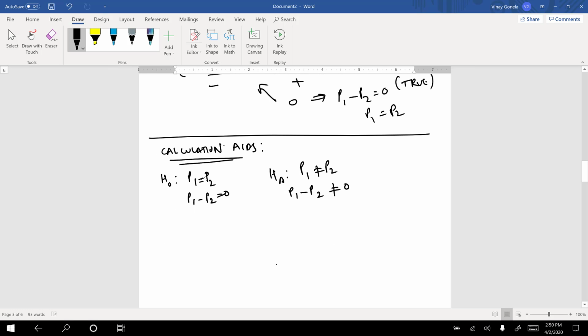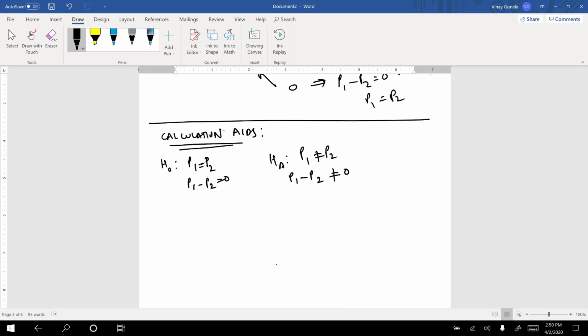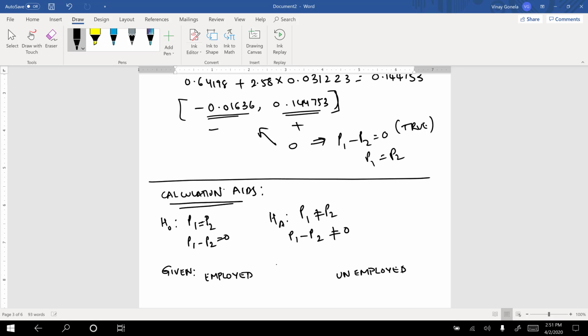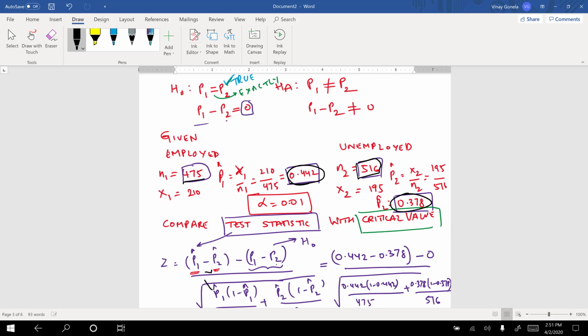And then let's see what data is given. So the given data is employed and unemployed. So again I'm copying the data, whatever we did here.